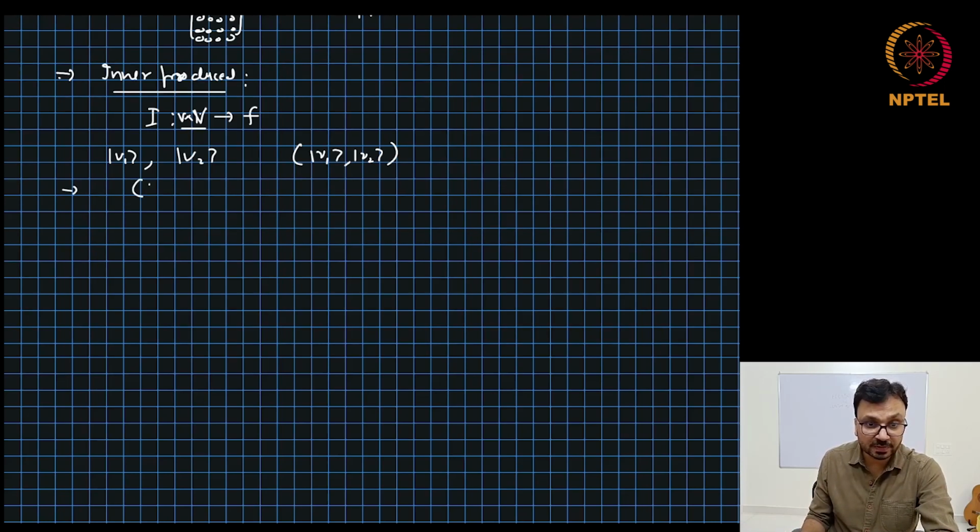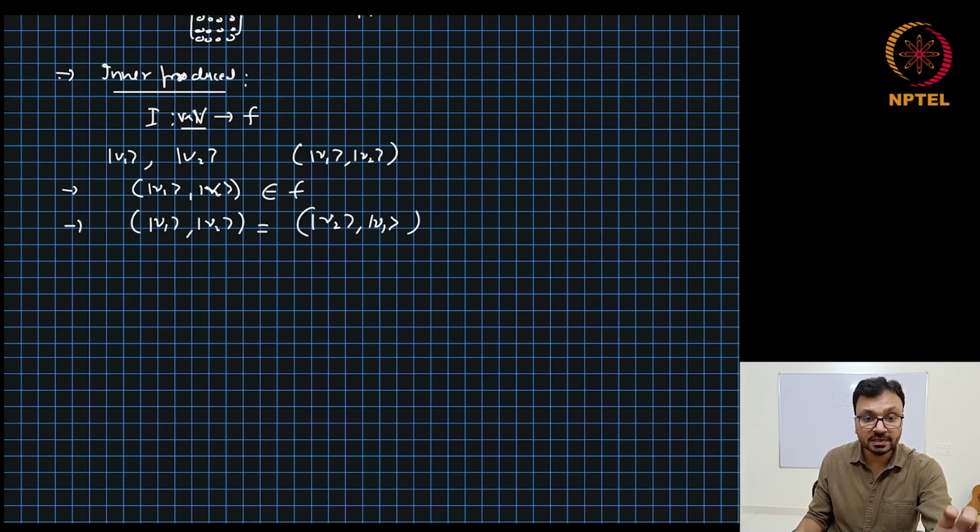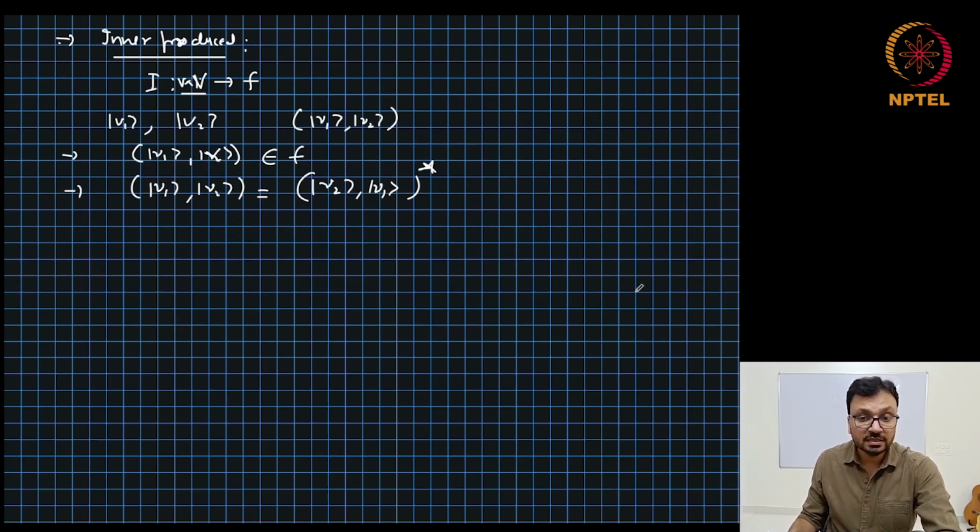First of all, (V1, V2), which is a scalar, is equal to (V2, V1) not exactly, but its conjugate. Conjugate is defined on the field, so this will be one element of the field and it will be the conjugate element of the field.